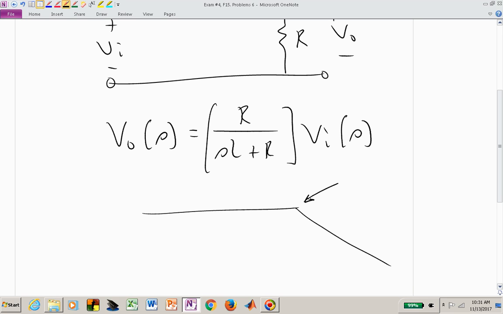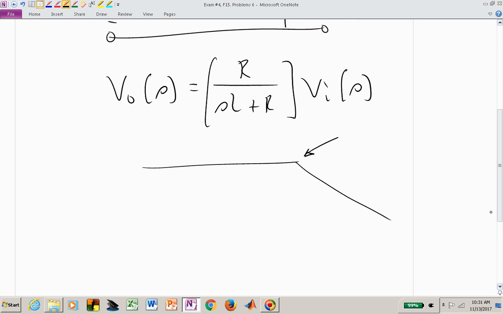Now what I need to do is find that particular point, and that's going to be at the pole location, and my pole is given to me by the value of s that causes that to vanish.